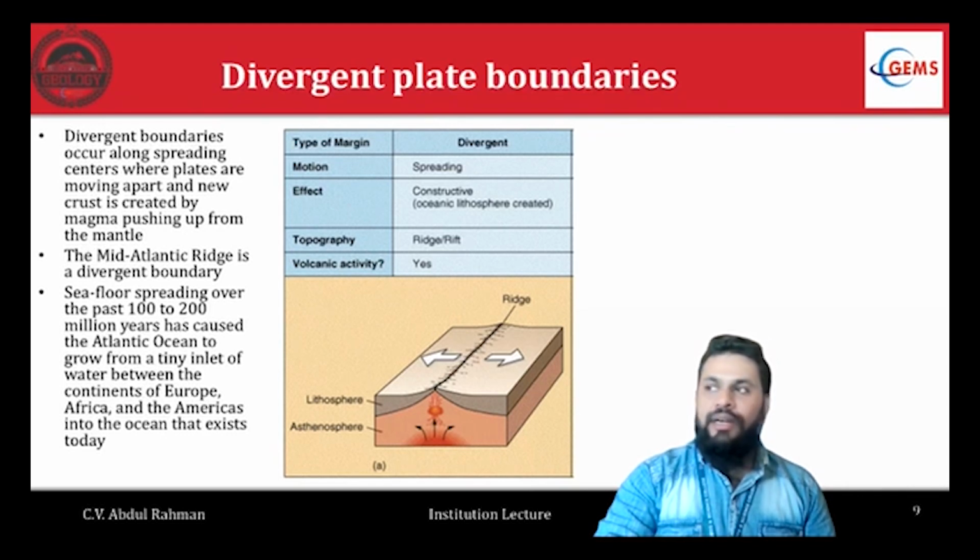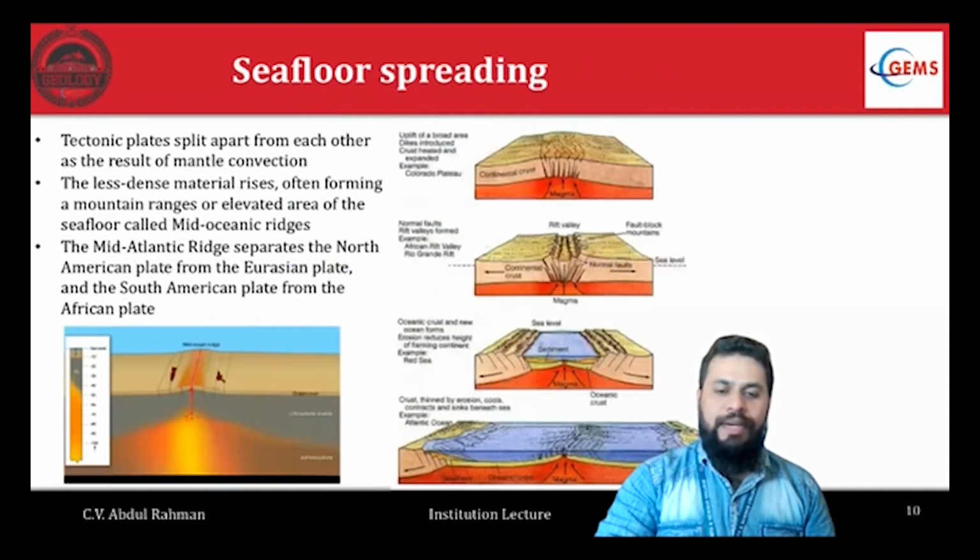The most interesting feature formed in the middle part of every ocean, the mid-Atlantic ridge, is formed by this process. Also a number of seafloors are formed by this kind of divergent plate boundary process. Seafloor spreading is the most important process associated with this divergent plate boundary.